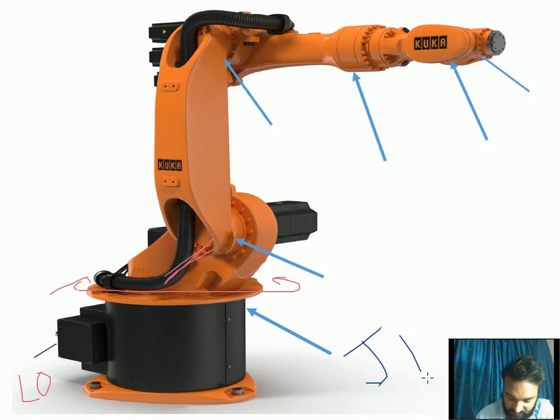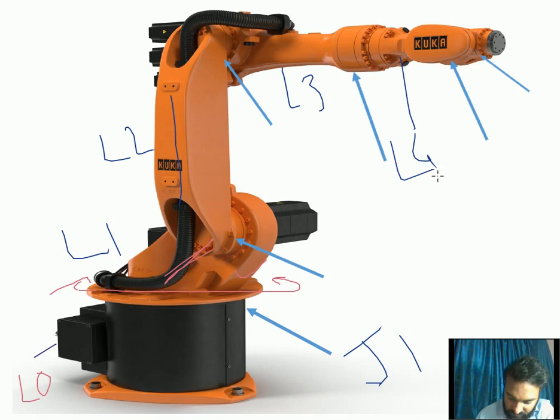If this one is link 0, link 1, then this becomes L2, this becomes L3, this becomes L4, this becomes L5, and this small section is link 6.